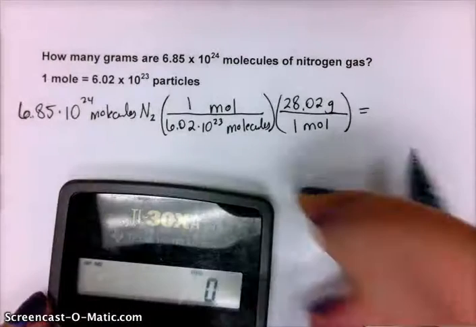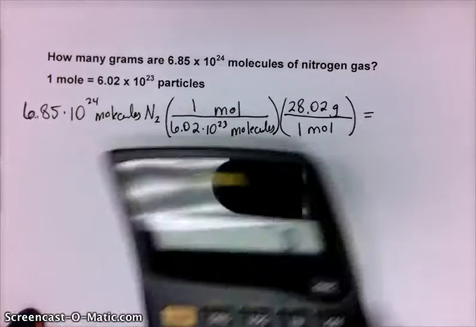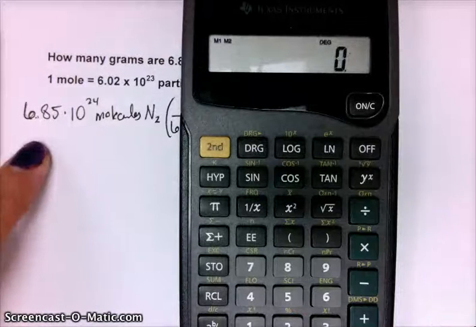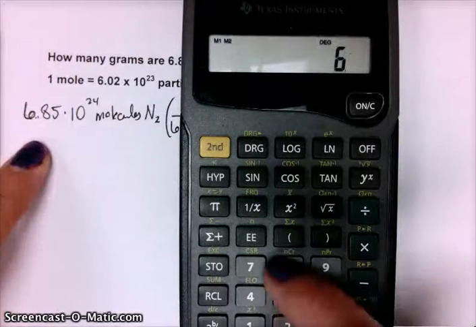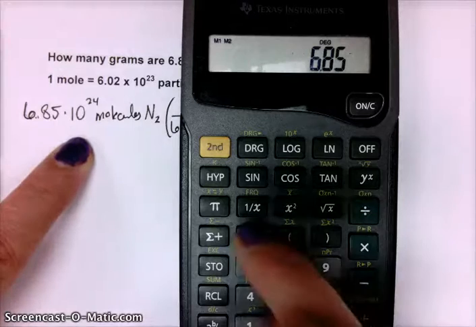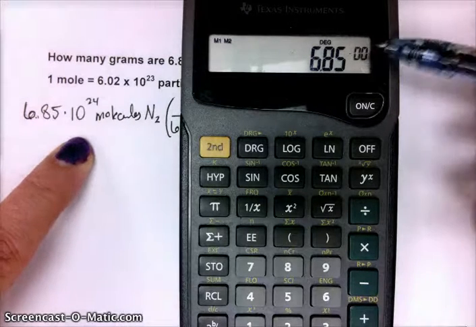So let's get our calculator ready. Make sure we punch in our numbers correctly using the exponent button. So 6.85 times 10 to the 24th is simply the EE button. And that brings up our exponent on our calculator.